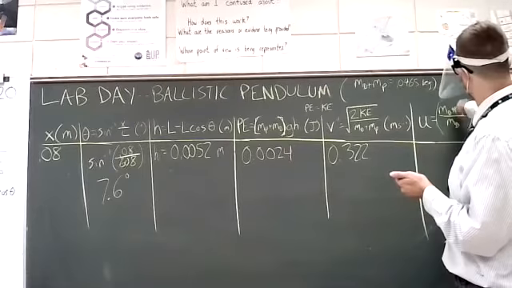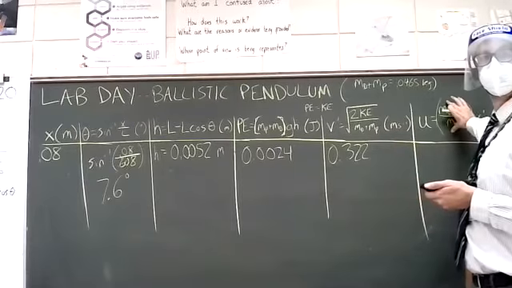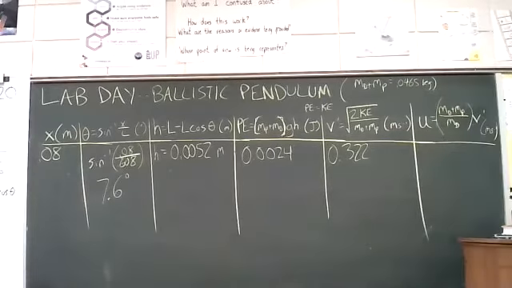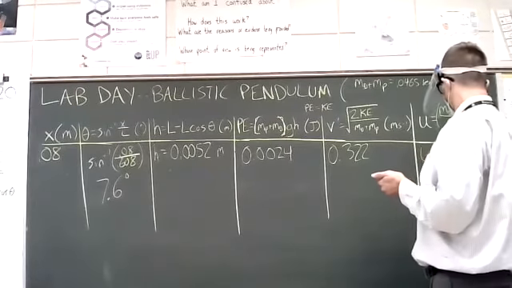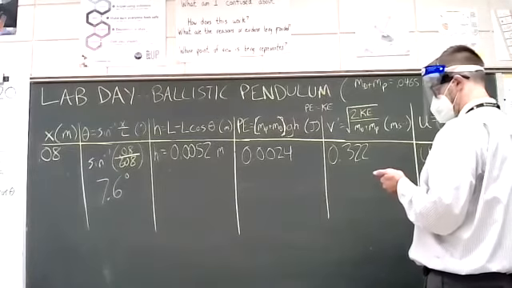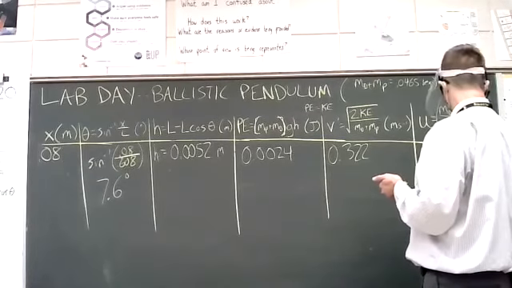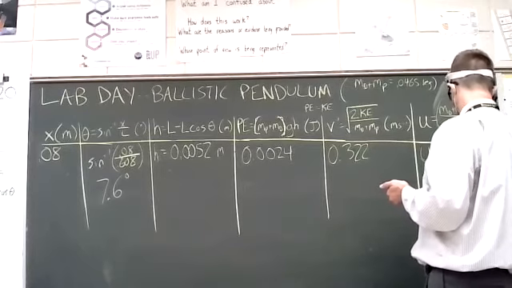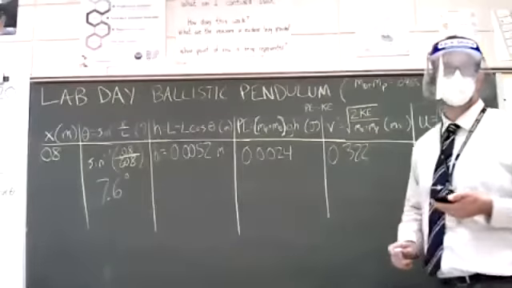So what's this? This is 31, even. So this term right here is 31, times 0.322 equals 9.9810. About 10 meters per second.